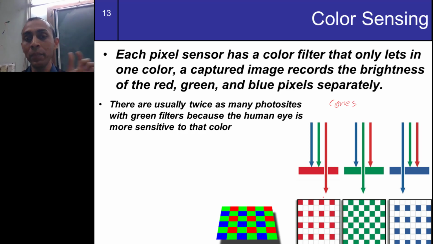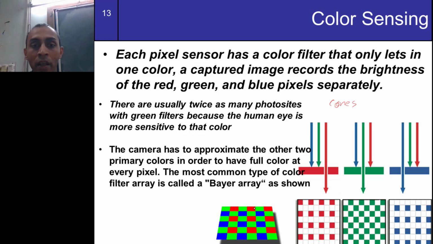Different individual pixel sensors are coated with different color filters which will allow only that particular wavelength of light to pass. And then they are arranged, instead of every pixel having all three filters, in what virtually all cameras use, which is called the Bayer array arrangement.